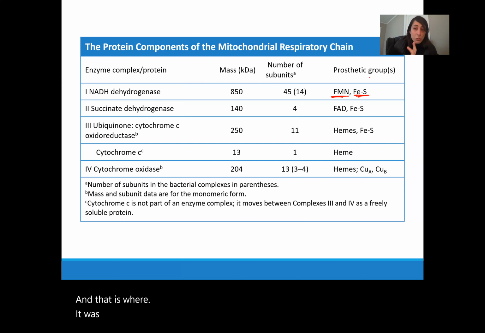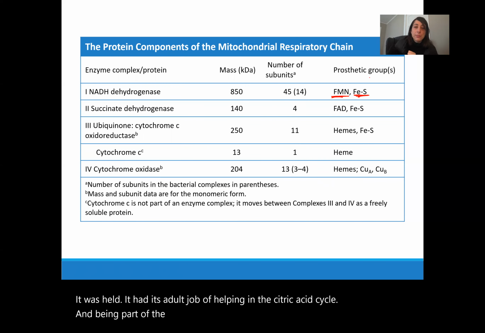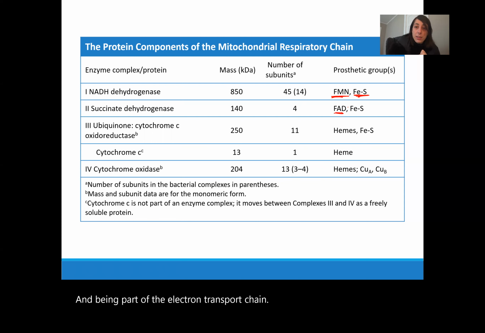It has a dual job of helping in the citric acid cycle and being part of the electron transport chain. It uses a bound flavonoid and an iron sulfur cluster.